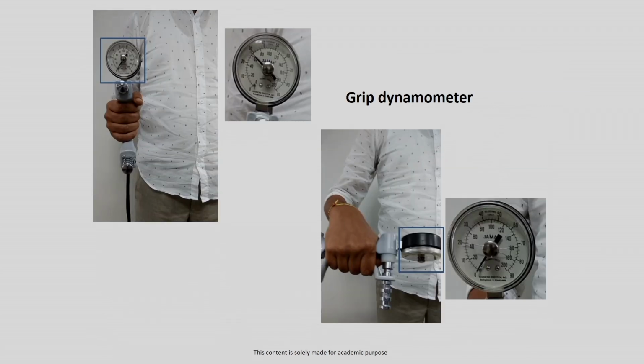One very important thing is that when we are holding something in any product, when we are gripping something, we need to exert a certain force. So here we will discuss one or two basic tools that we use to understand the physical ability of the person and how much we have to consider when we are designing something.